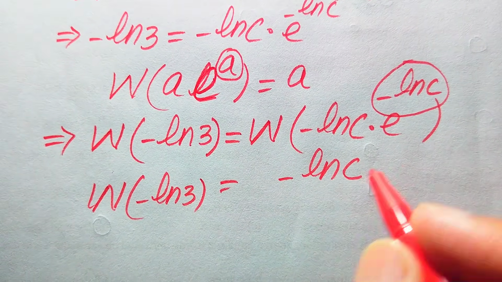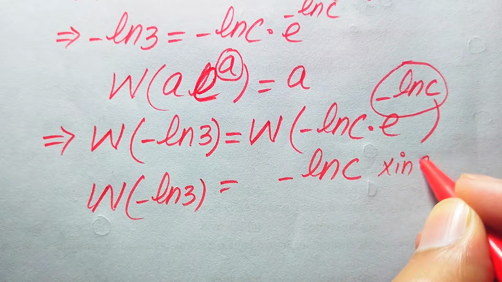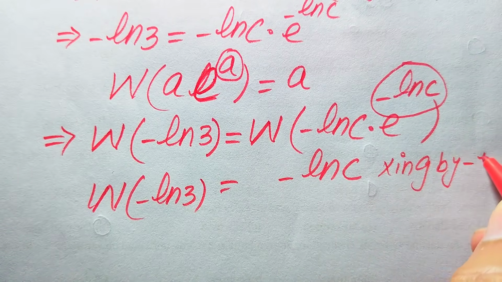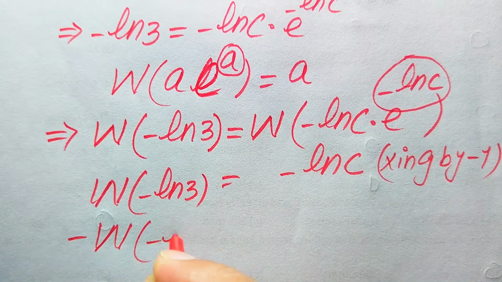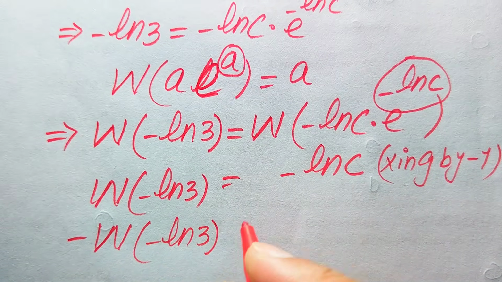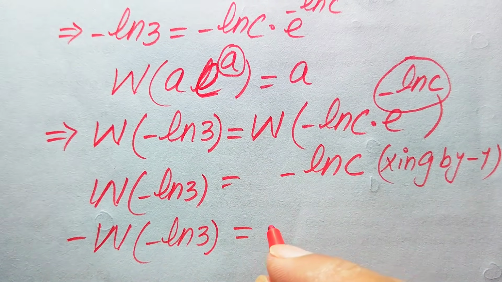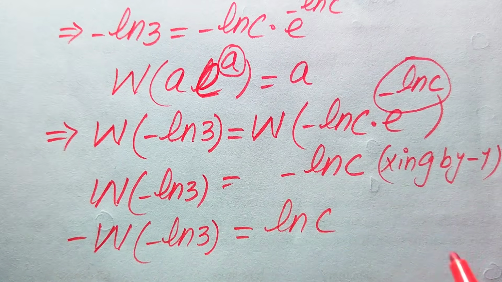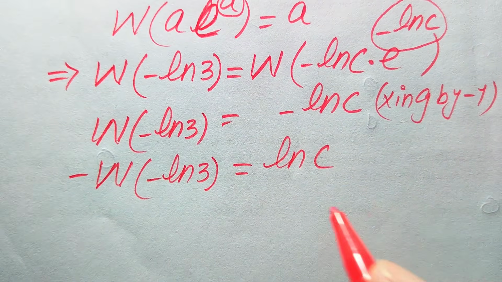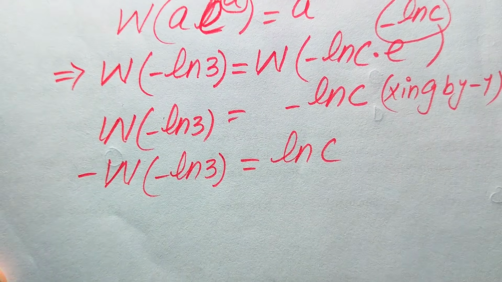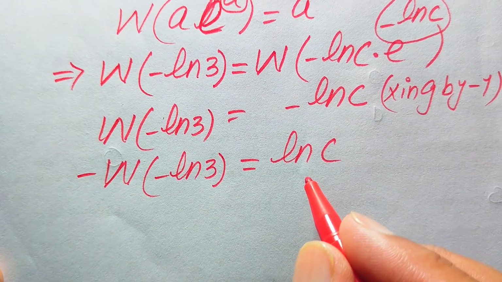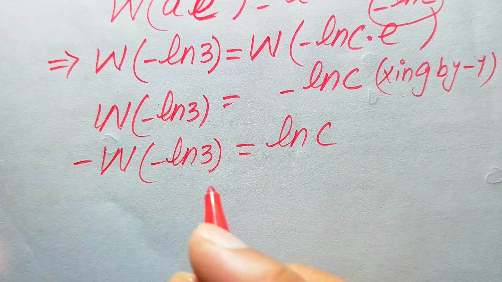For this we remove the negative sign by multiplying both sides by minus 1, and we get minus W of minus log 3 equals log of c. In order to remove this log c, we take anti-log on both sides.